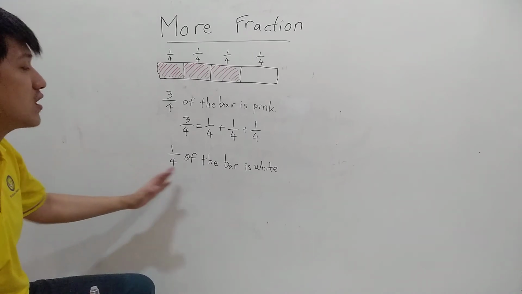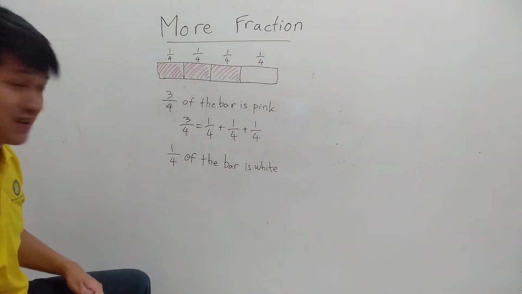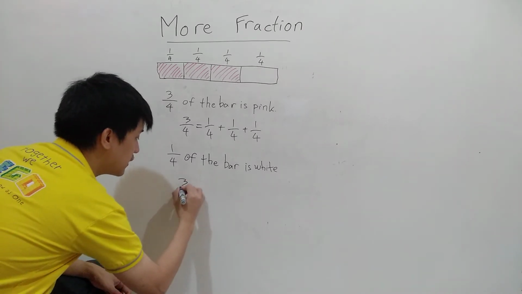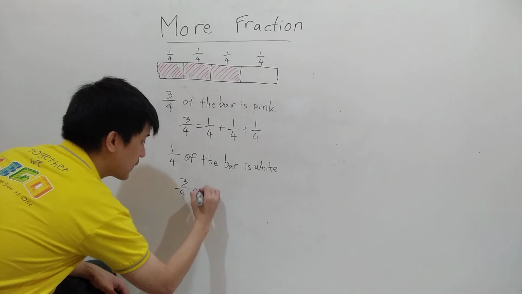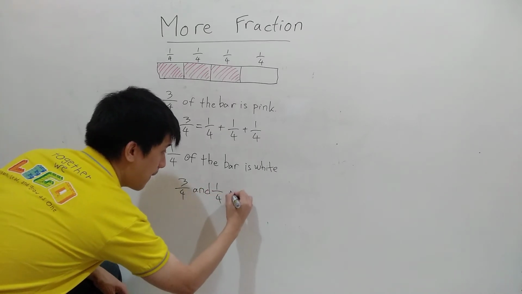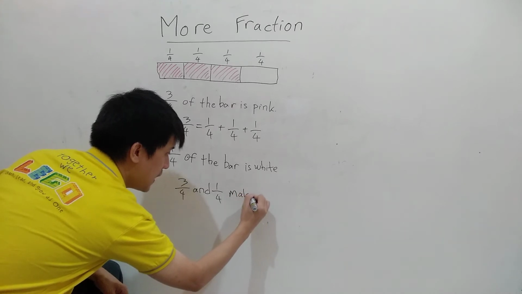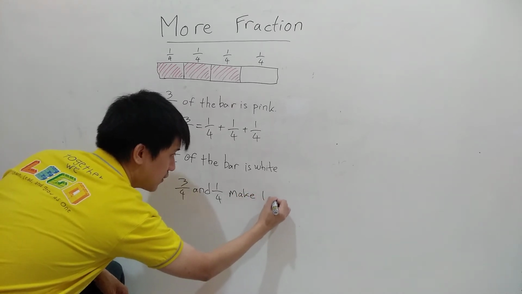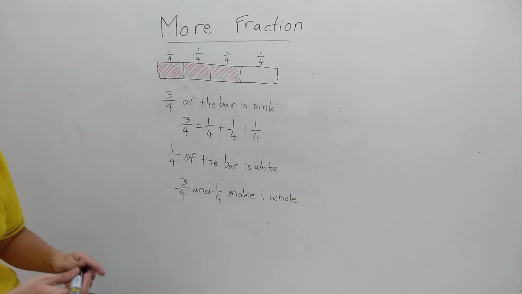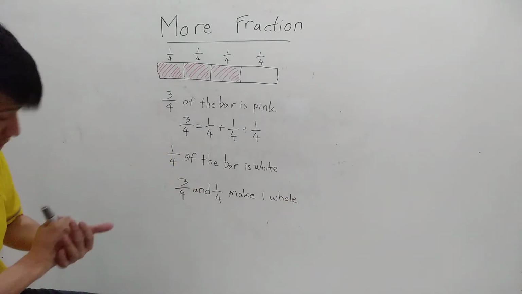So 1/4 of the bar is white. Therefore, we can make a conclusion that 3/4 and 1/4 make 1 whole. Everyone understand?